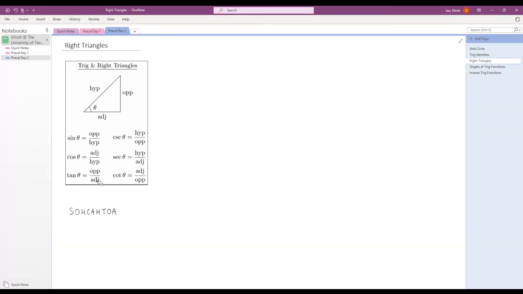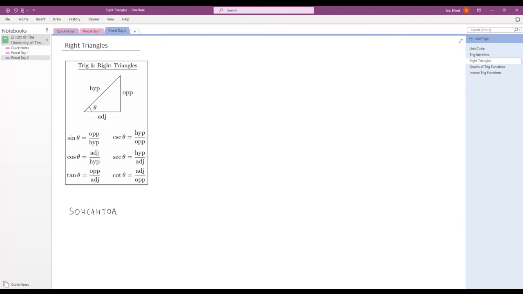TOA, tangent is opposite over adjacent. And then you can figure out the other three if you just remember: cosecant is the reciprocal of sine, secant is the reciprocal of cosine, and cotangent is the reciprocal of tangent, right? Okay.